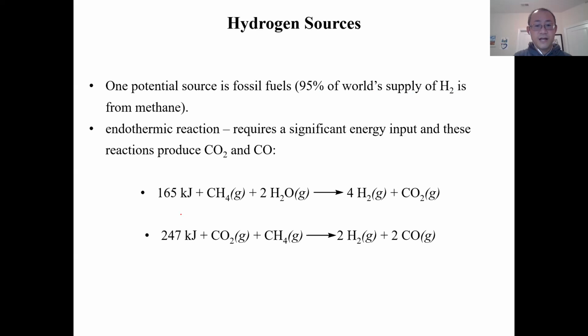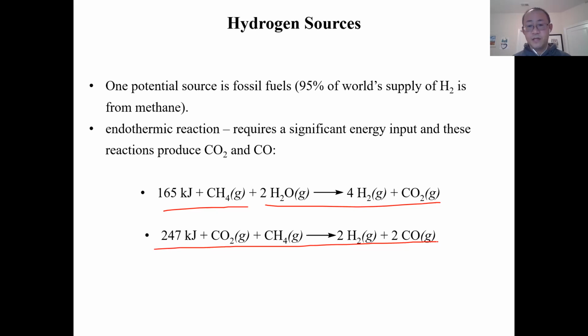You can see these two reactions showing the conversion of methane, the natural gas, into hydrogen, and both reactions show a major input of energy, meaning the reactions are endothermic and require a lot of energy. That means the cost will increase accordingly. Not to mention, we're not even counting the cost of the fossil fuels themselves.